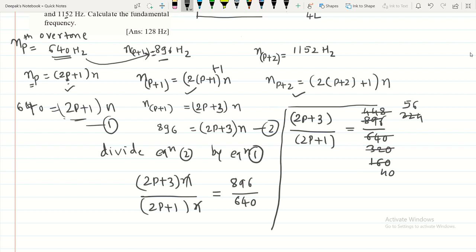So it is quite easy to now solve this problem. Now twice p plus 3 divided by twice p plus 1 will be equal to 56 by 40. Cross multiply this. Either you can cross multiply or again simplify this 56 by 40. Again by which number?